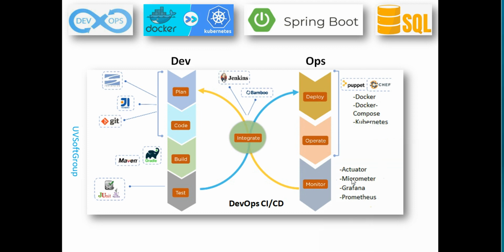And we also already discussed how you can integrate and monitor your microservices with the existing Spring Boot tools like Actuator, Micrometer, Grafana, and Prometheus. This is the part we will add later, when we finish the development, how it works, and how you can install those monitoring dashboards into your microservice applications.